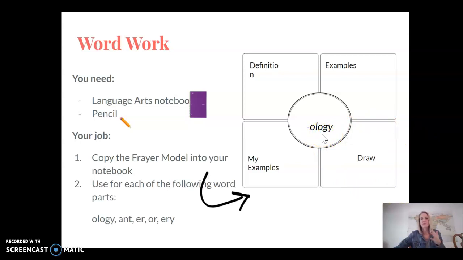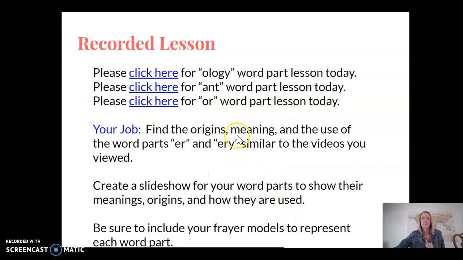All right, so feel free to pause the video because you will need 5 of these charts, because we're going to take a look at all 5 of these word parts. All right, and once you're ready, we're going to look at some examples.